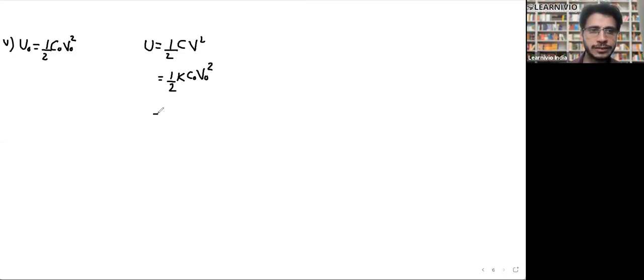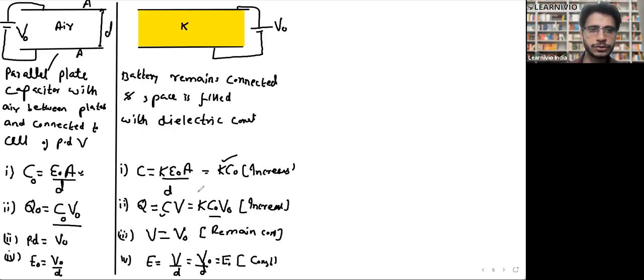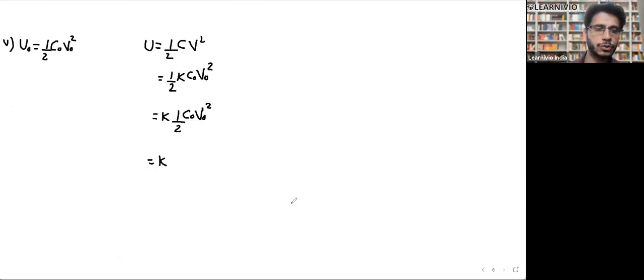You can write this as K times half C naught V naught square. Half C naught V naught square is U naught. So it's K U naught. So energy increases.